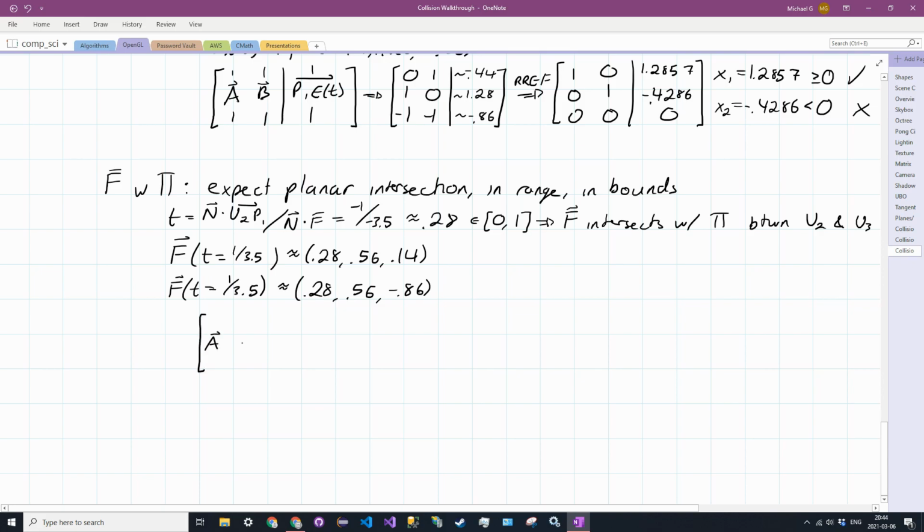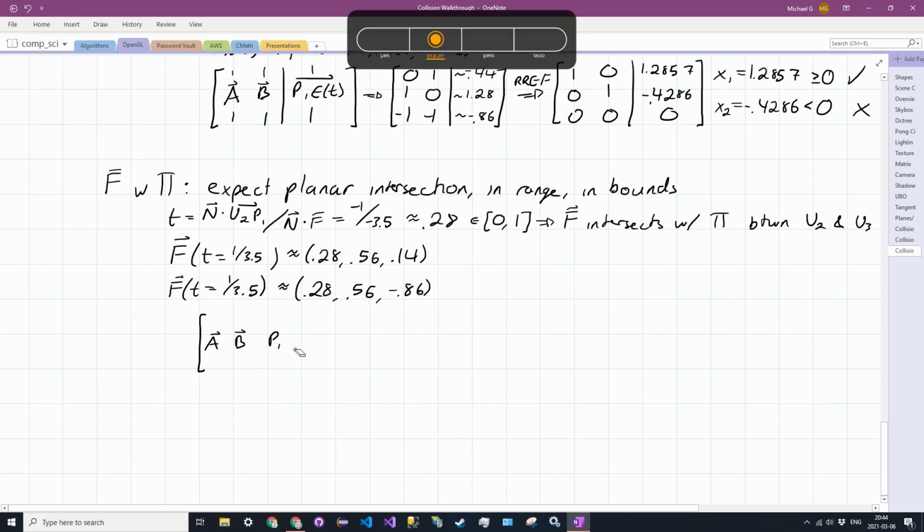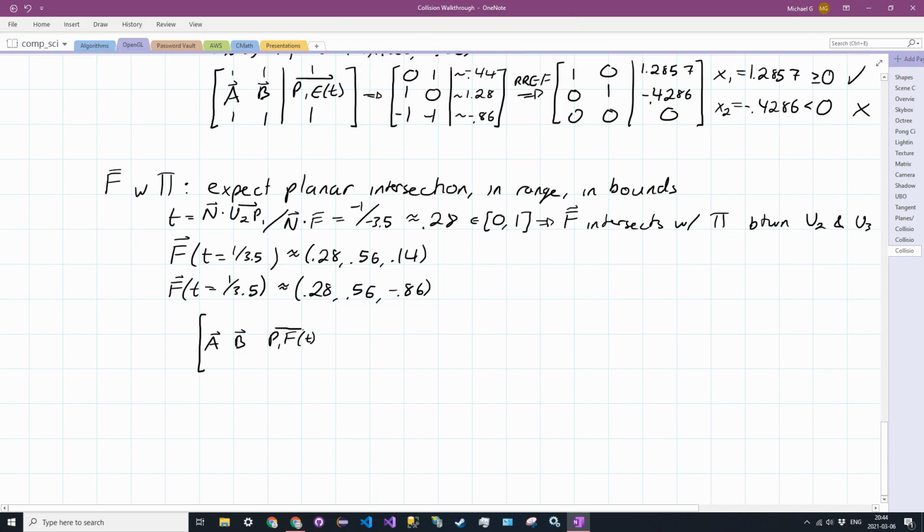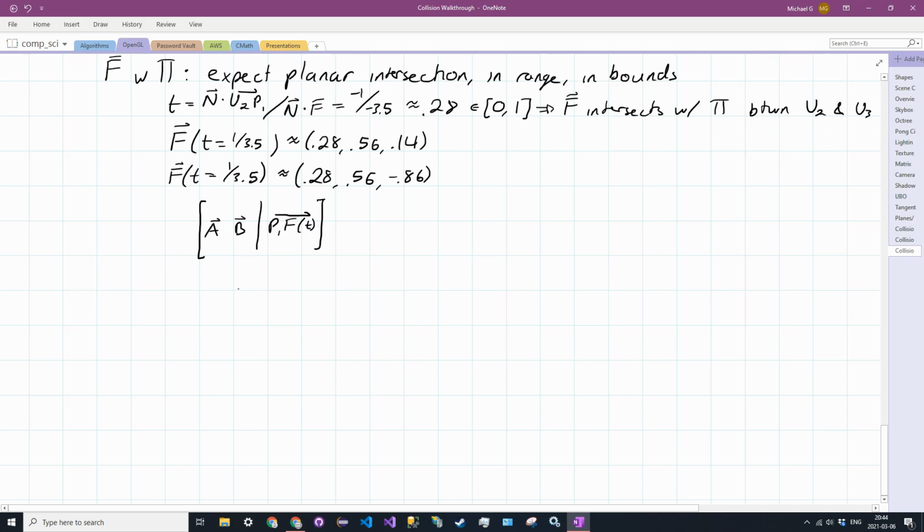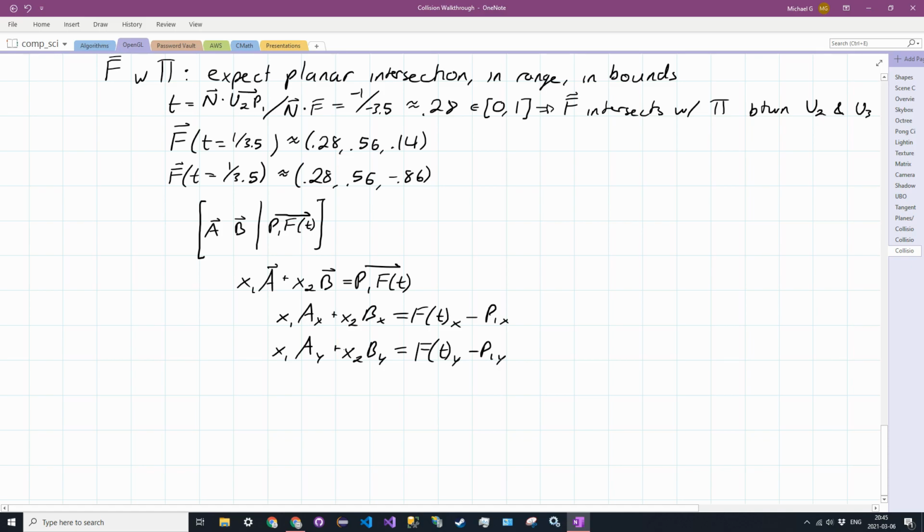Alright, so we'll plug this into the same matrix. So we have our same two vectors, A and B. And this time it's going to be from P1 to F at T. And once again, this is just equivalently stating that x1 a plus x2 b is equal to P1 to f(t), and this expands into x1 times ax plus x2 times bx is equal to f(t)x minus p1x. x1 times a, the y component, plus x2 times b, the y component, and then just use the y component for f minus p1, and then the same thing for the z.